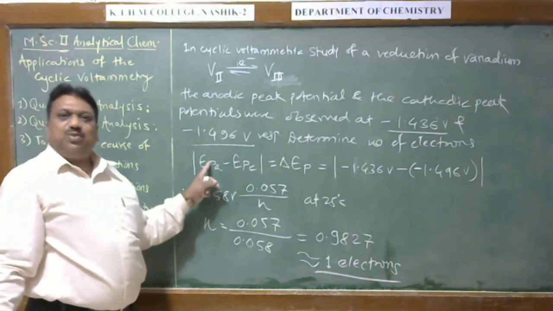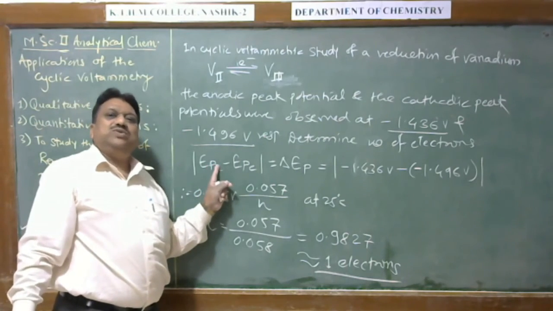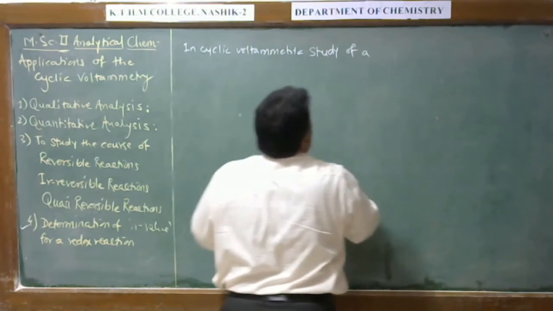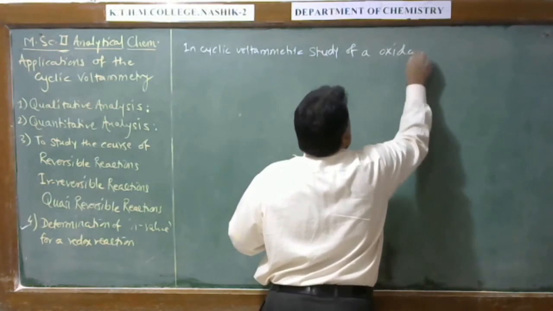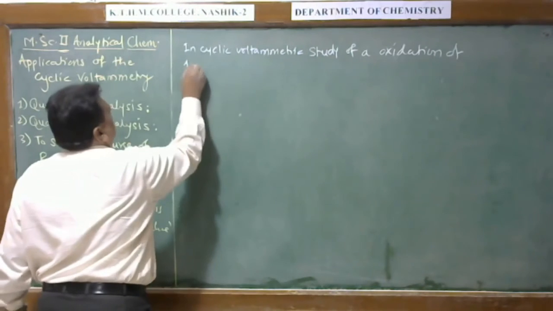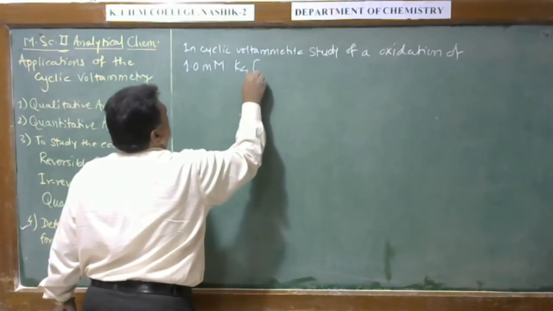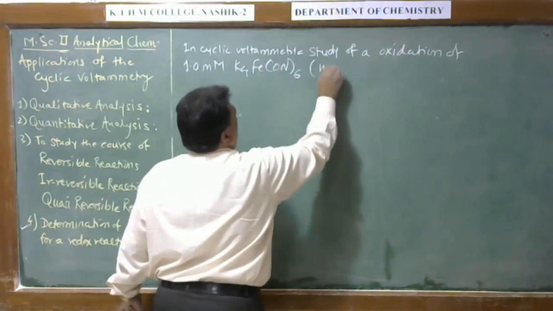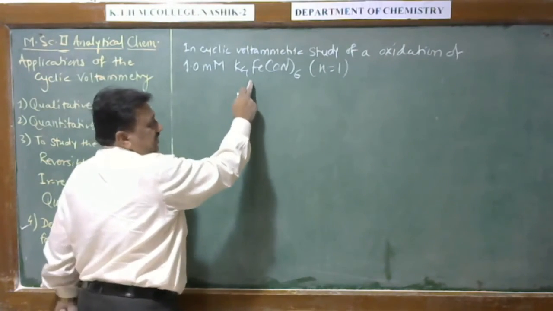Similarly, we can solve one problem based on the determination of area of electrode by using cyclic voltammetry. In cyclic voltammetry, study of an oxidation of 1 millimole K4FeCl6, N is equal to 1. Here K4 means iron present in +2 oxidation state.